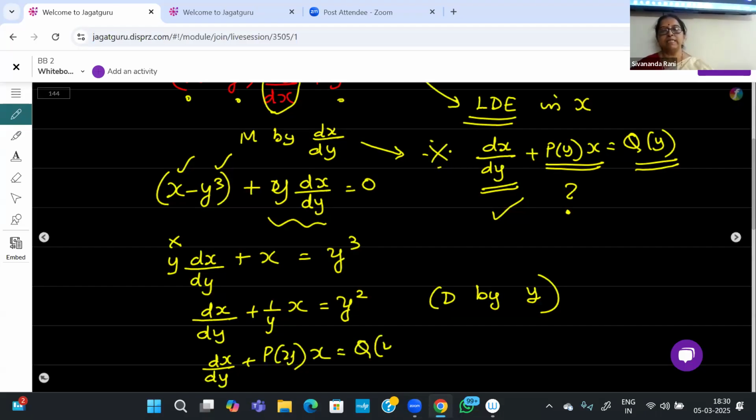How many of you achieved this? Let me see. How many of you rearranged properly? Very good, Vidyut. Yeah, Vinay also. Very good. Yeah.